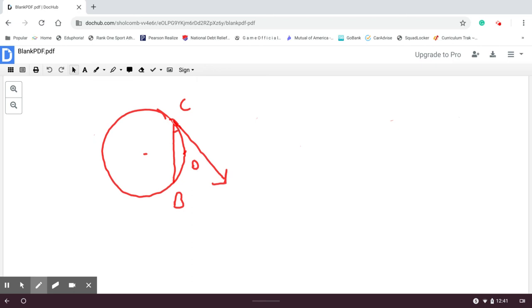So the arc is from B to C, and it would be half the measure, or in this case, BDC, to show the entire amount. So the measure of angle C is equal to half the measure of arc CDB.